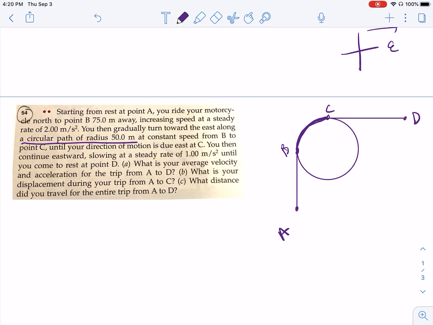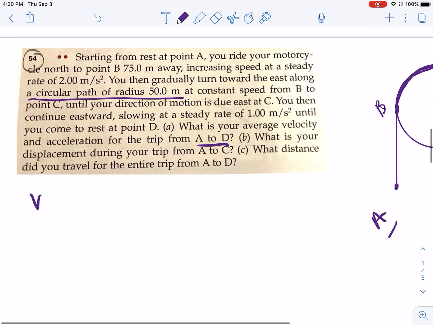Now we come in and it says, what is your average velocity and acceleration for the trip from A to D? So because we're going from A to D, we're talking about the entire trip. Well, in order to find average velocity, V_av, we know that that is delta x over delta t.